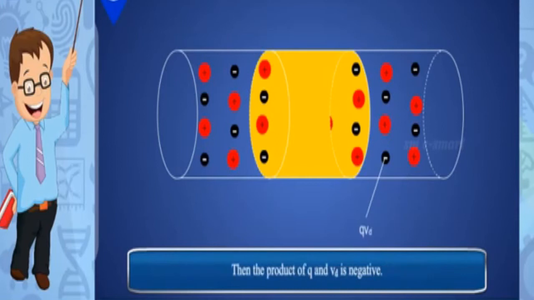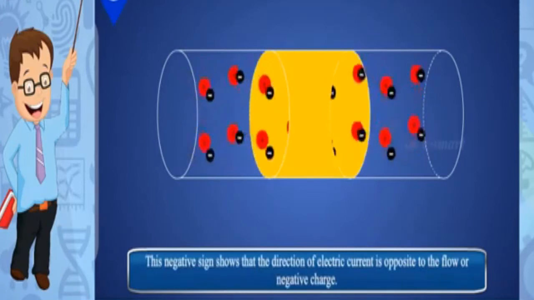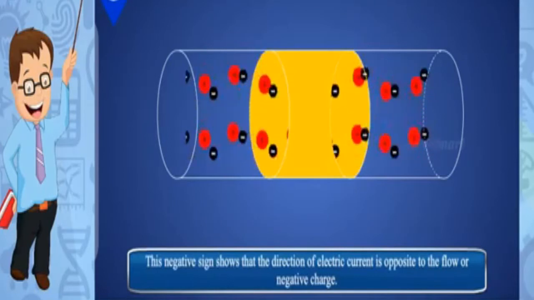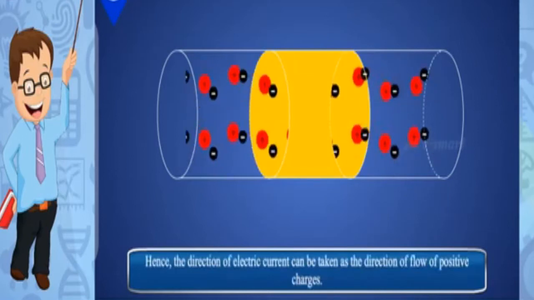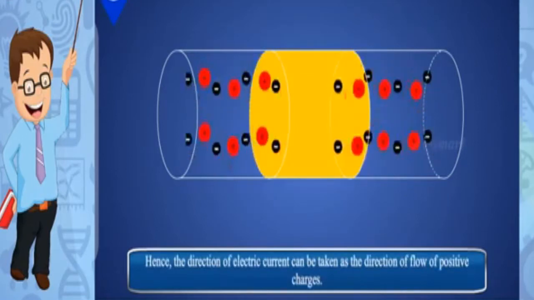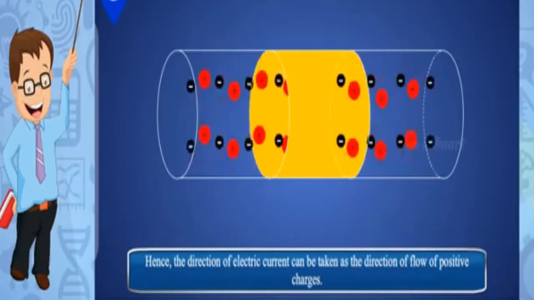Then the product of Q and Vd is negative. This negative sign shows that the direction of electric current is opposite to the flow of negative charge. For positive charges, the product of Q and Vd is positive. Hence, the direction of electric current can be taken as the direction of flow of positive charges.